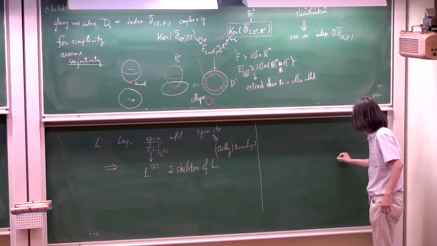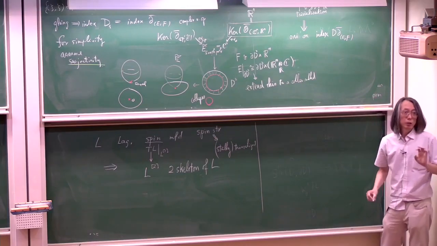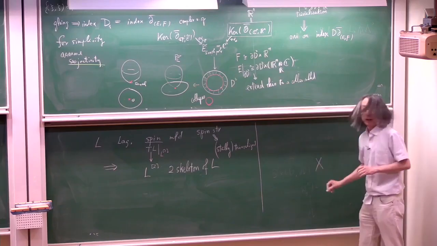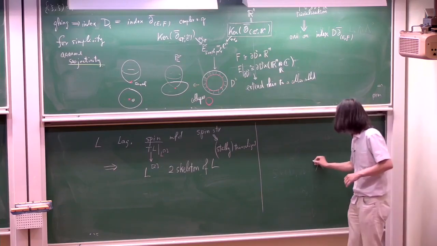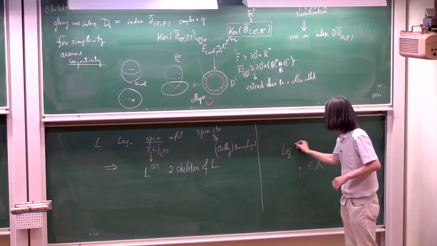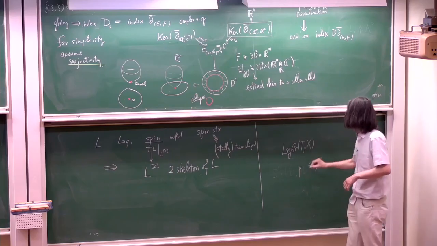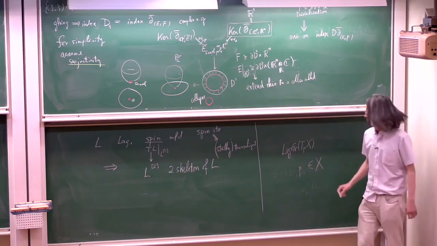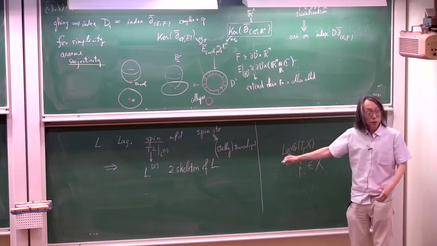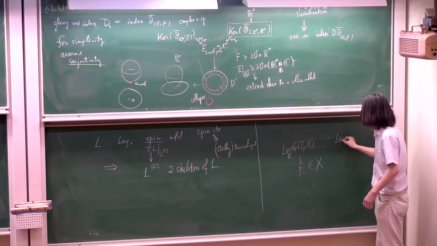First of all, you need some condition for the manifold. You have a manifold X, and at each point P, you have a Lagrangian Grassmannian of this thing. And then you take a union over this. That is actually the Lagrangian Grassmannian bundle of this.